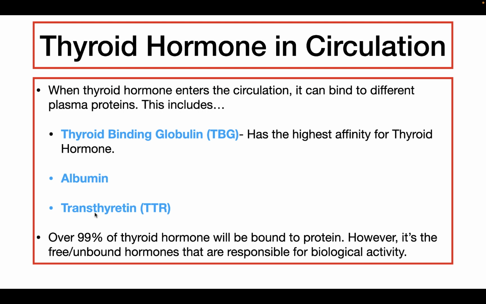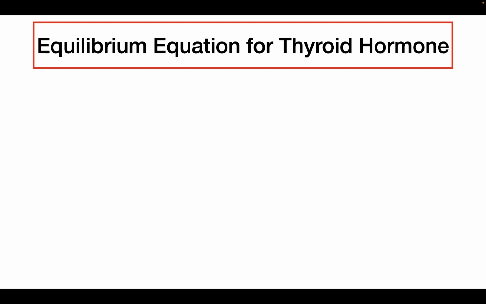However, it's the free or unbound hormones that are going to be responsible for biological activity. So this brings up a very important question. How do we calculate the concentration of free or unbound thyroid hormone in the blood? Well, the way that we can do this is by taking this equilibrium reaction here.